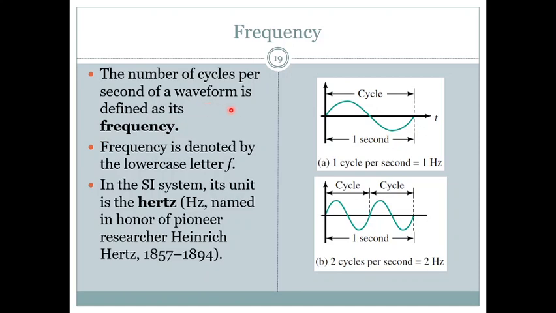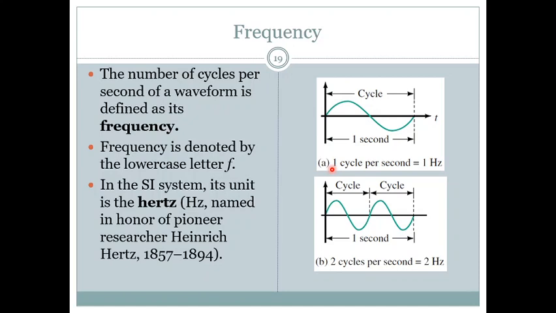So it's actually the number of cycles per given unit time. In SI units, the unit time is the second. So the number of cycles per second is the frequency, in hertz. Frequency will be denoted by the simple letter f, and the unit is hertz.